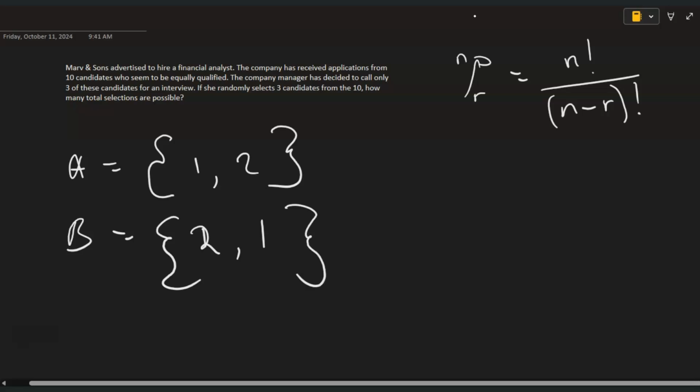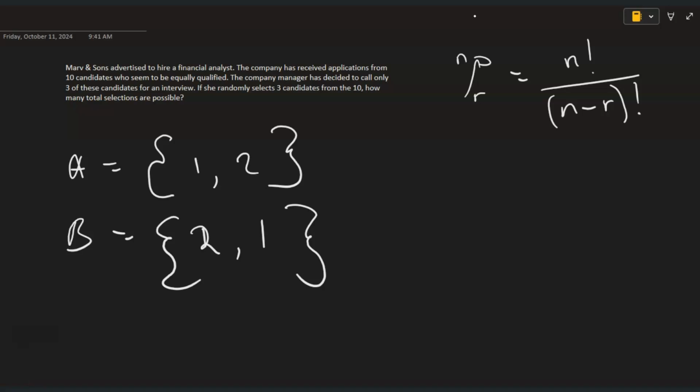Under permutation, A and B are not equal. Regardless of them having the same characters inside, 1 and 2, they are not equal because of the way they are ordered. A starts with 1 and ends with 2, while B starts with 2 and ends with 1.